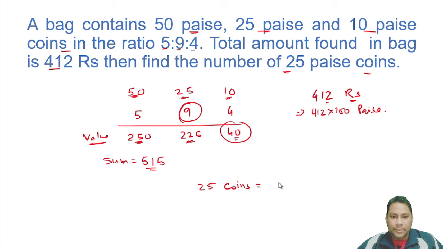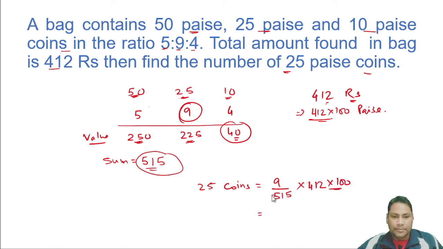This will become 9 divided by 515 multiplied by the whole amount, that is 412 in paise, multiplied by 100.